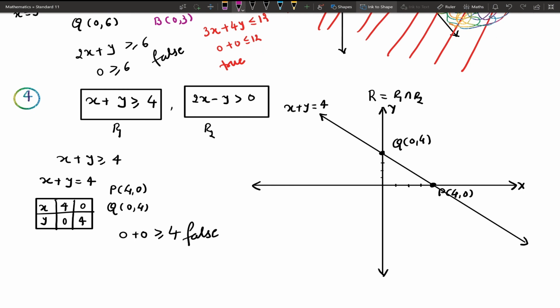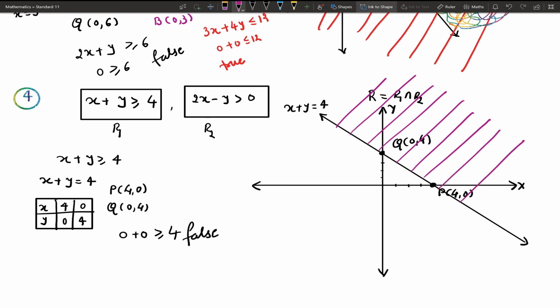So we use the words closed half plane not containing the origin. So this is region R1. So we obtain R1. Now we will find R2, and finally R1 intersection R2.